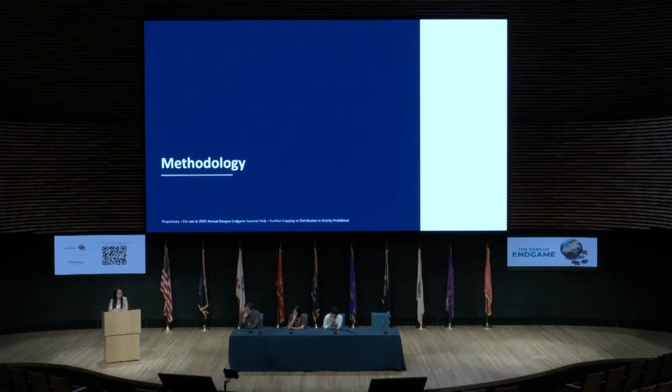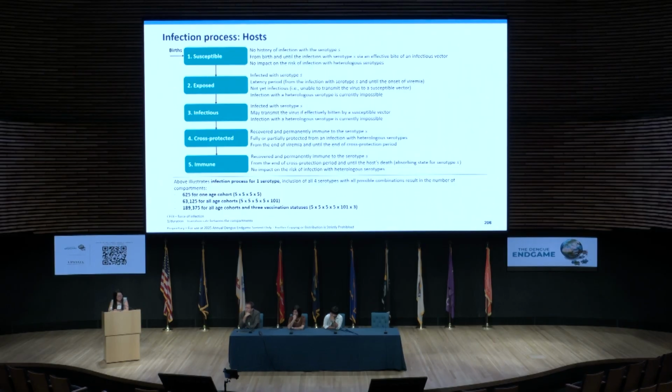I'm going to go through the methodology in a bit more detail, but given the limited time, I really hope I don't run over, so I won't go into too much detail. For the host infection process, it's the standard susceptible, exposed, infectious, cross-protected, and then immune.